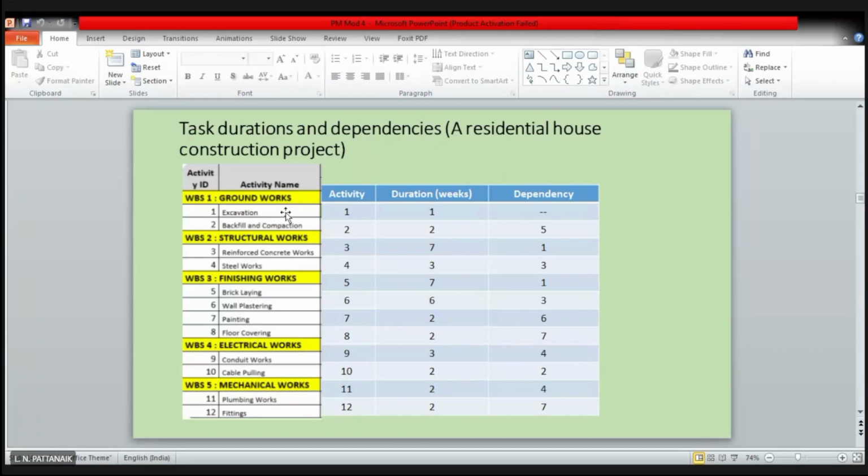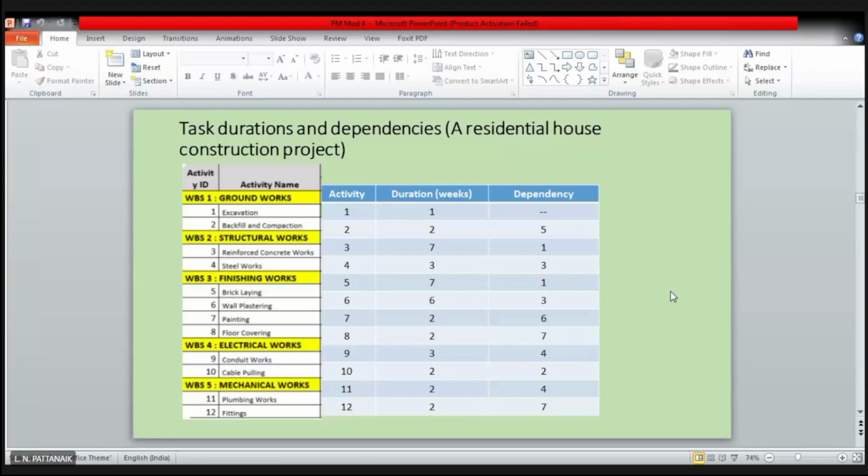Okay. Now coming to this right hand side table, a kind of matrix. This is called the precedence matrix, and we are going to use these kinds of tables or matrices more often in the coming classes. The reason is that this represents the relationships and the time estimates attached to each and every activity.